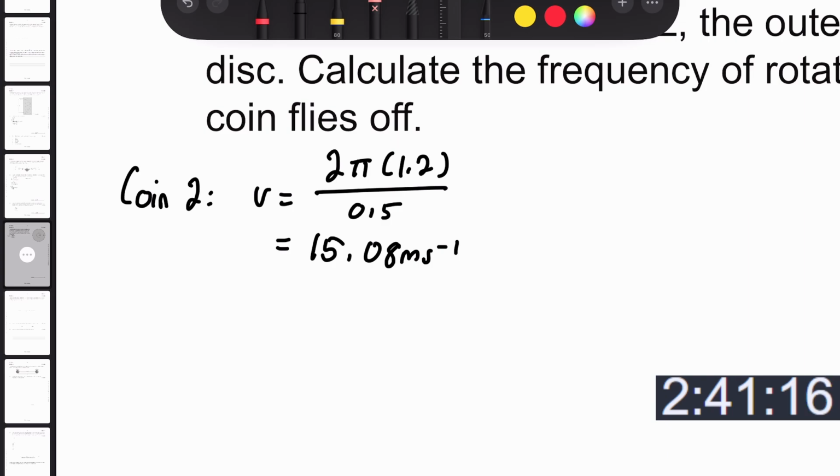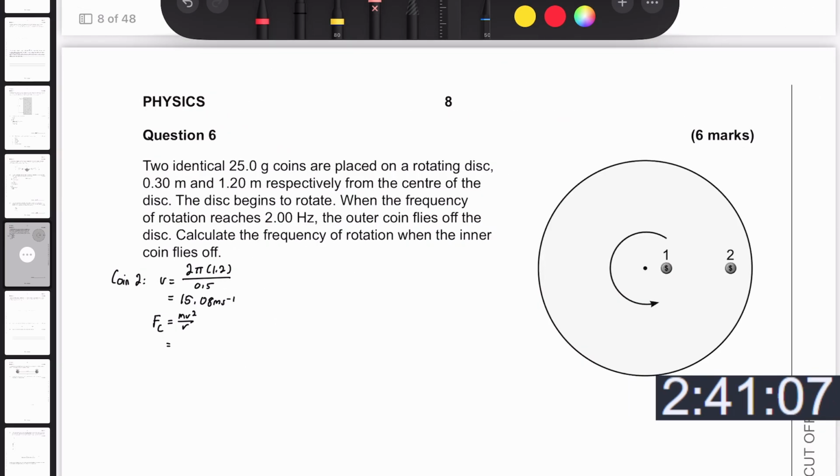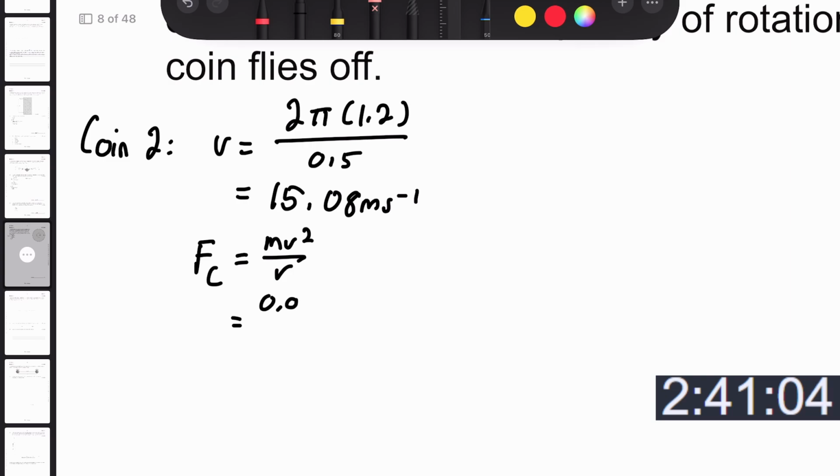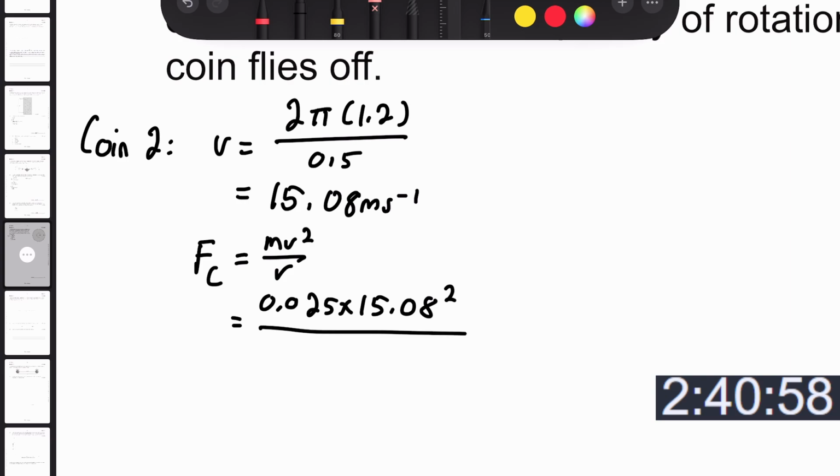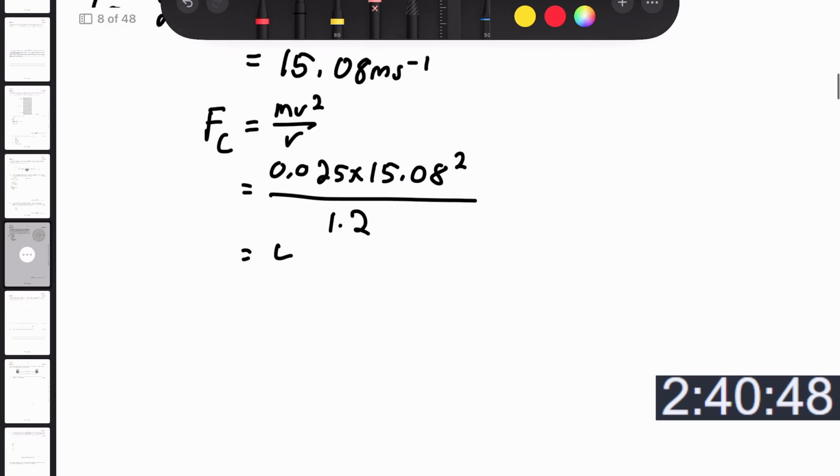And then F of C is going to equal mv squared over r. And they're both 25 grams, so 0.025 times 15.08 squared all over 1.2 is 4.74 newtons.